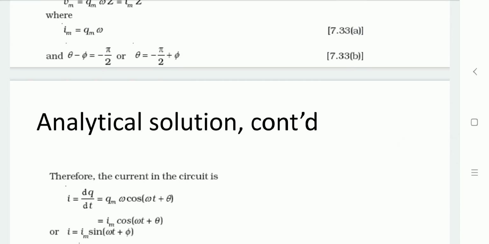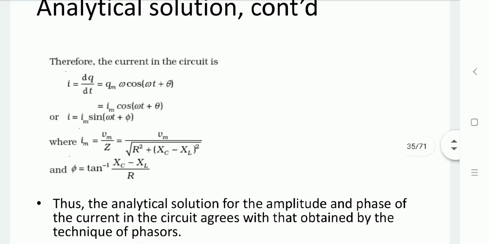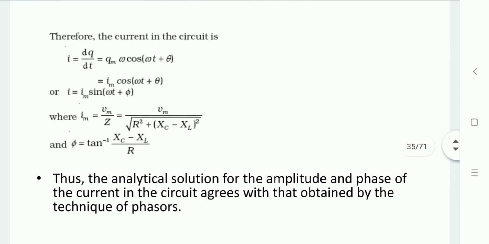So I equals Im cos(omega t plus theta). Now replace theta over here by minus pi by 2 plus phi. So it would become sin(omega t plus phi). So the whole equation we are getting is I equals Im sin(omega t plus phi). This is the same kind of equation we have received for the phasor diagram method.